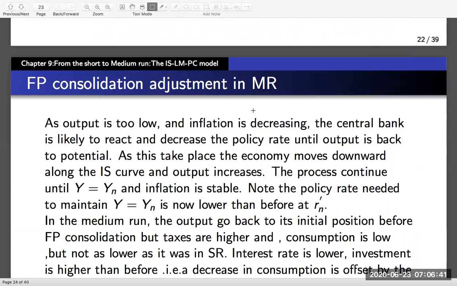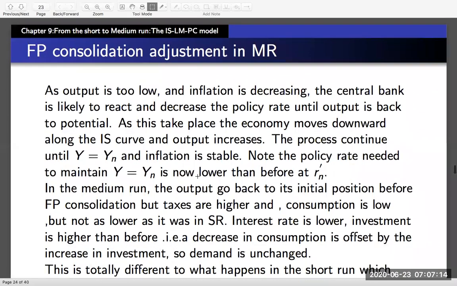This is what I want you to remember: when the central bank decreases the policy rate, that's a movement along the IS. The process continues until you go back to potential.